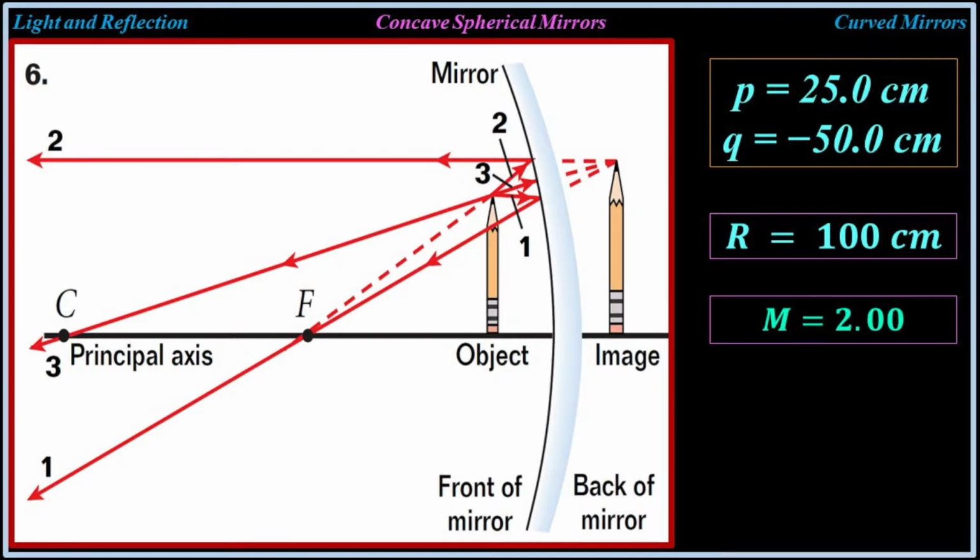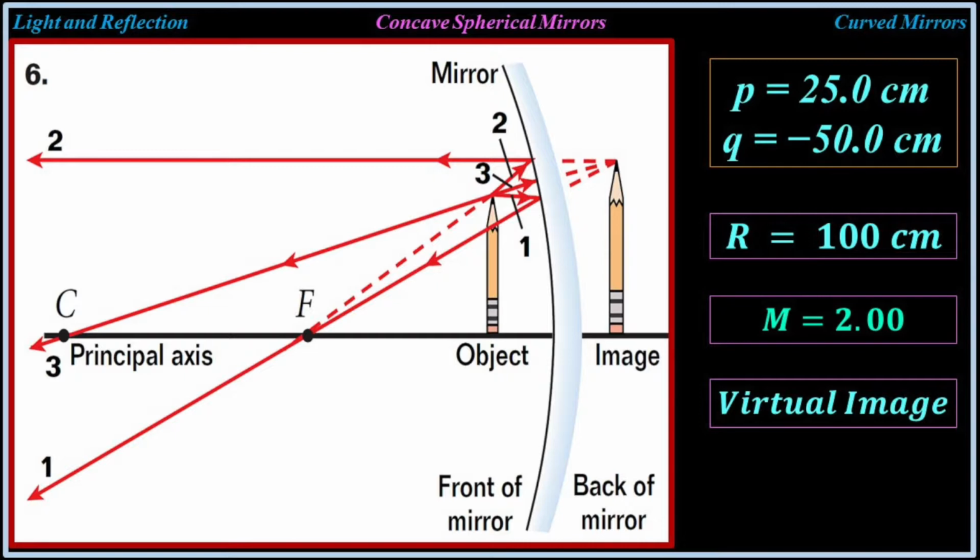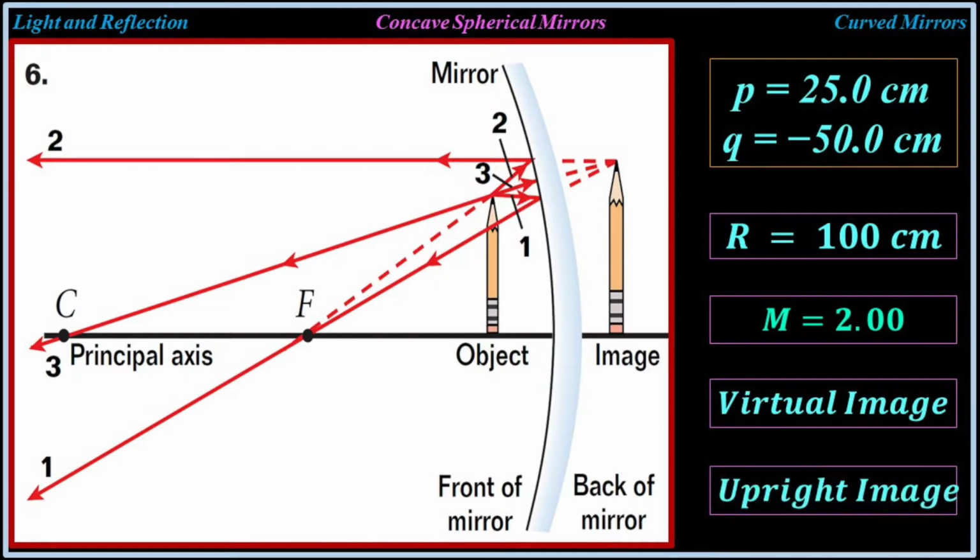M is 2, again, and you see where it is. You see that it's virtual and that it's upright. Otherwise, it would be difficult to apply makeup if your image is upside down.